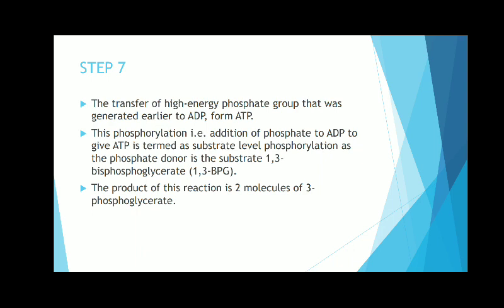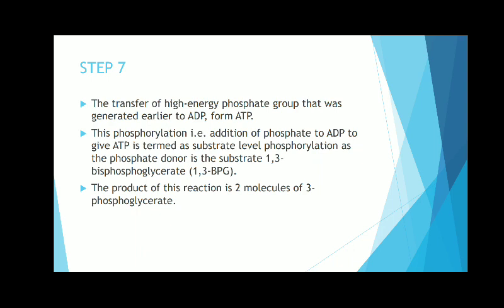This phosphorylation, that is addition of phosphate to ADP to give ATP, is termed substrate level phosphorylation, as the phosphate donor is the substrate 1,3 biphosphoglycerate, that is 1,3 BPG.